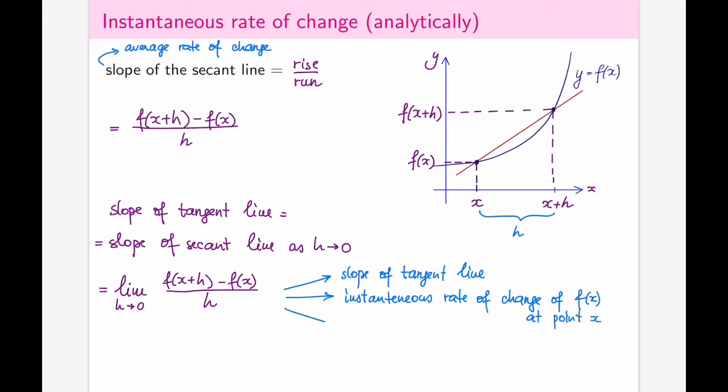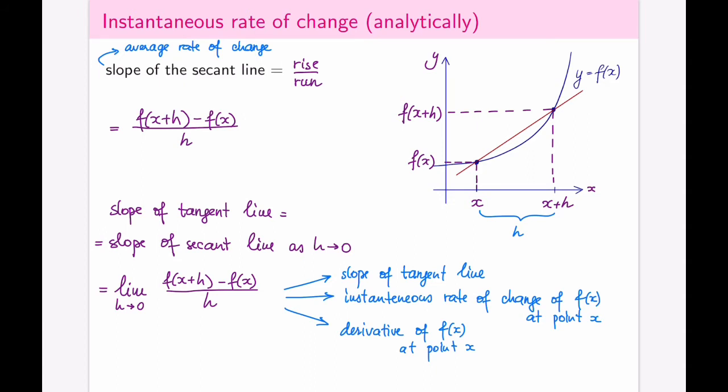And this quantity is also what we call the derivative of f of x at point x. And of course, the derivative is what we're going to spend most of this course actually discussing. And we've already gotten a definition for it and an understanding of what it means geometrically and what it means sort of verbally or in terms of various kinds of applications that we're going to use.